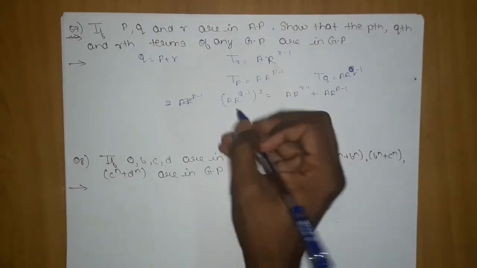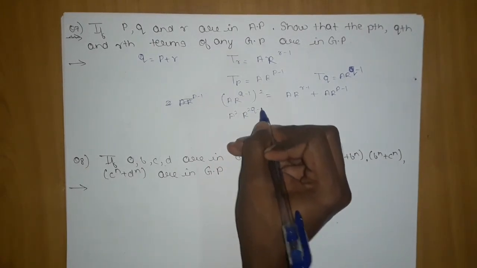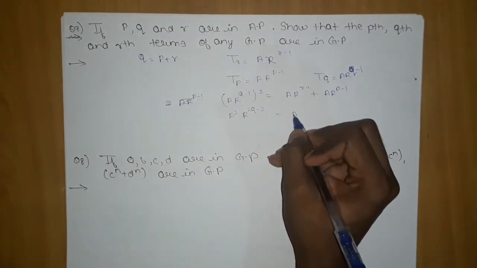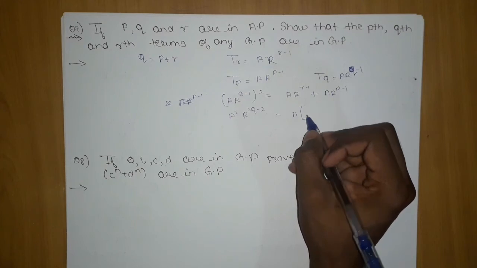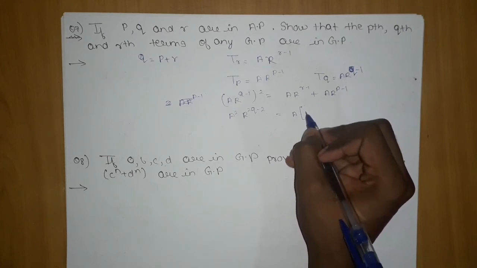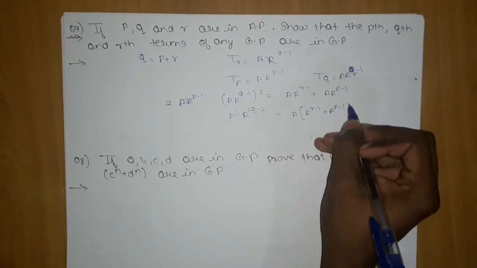So if it is equal, what can I write? A square into R power 2Q minus 2 should be equal to this. If I take A common, it is R power R minus 1 plus R power P minus 1.